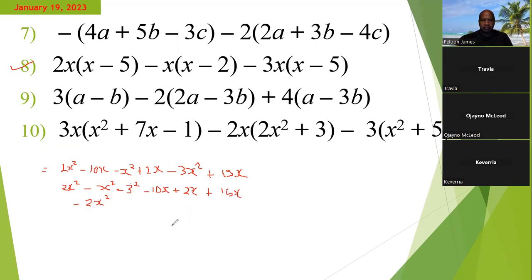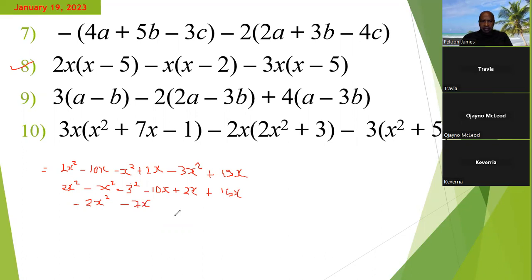And the answer is 7x for that. All right, so this simplified to 7x. Yes. And that's your final answer, right? Yes, sir. Final answer is positive 7x minus 2x squared.